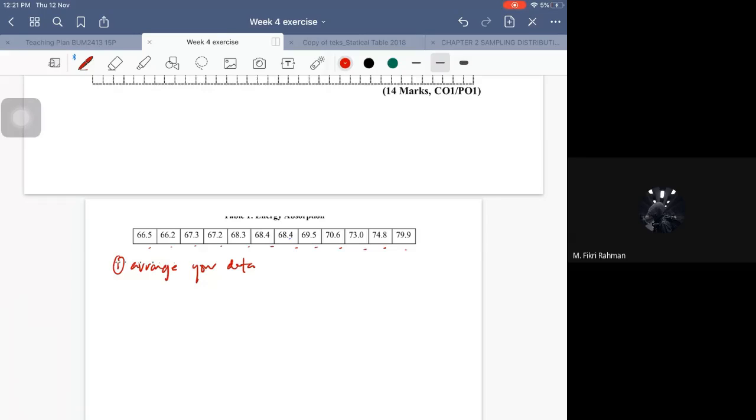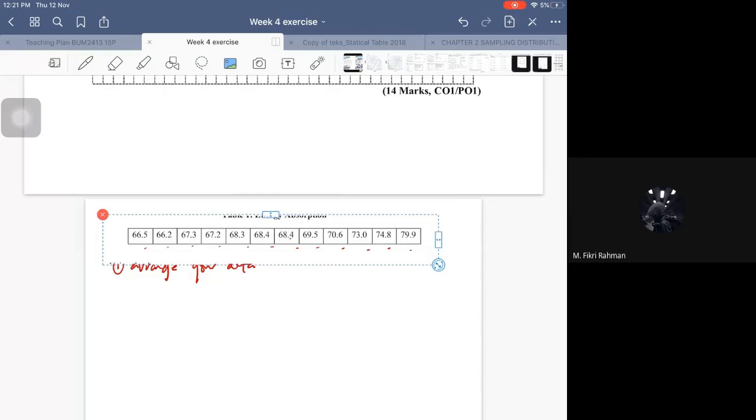Let's have a look at the values that I have. If you look at this very closely, the values are pretty much arranged already, but there are a couple of places where we have to change position. For example, this one, I'm going to change the position. This should have been 66.2.